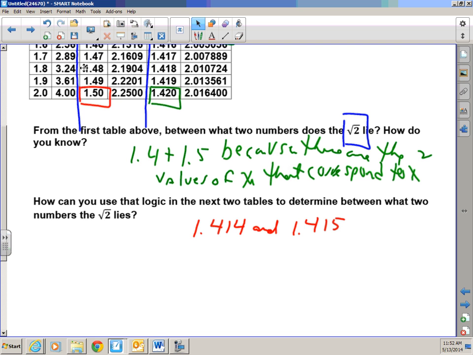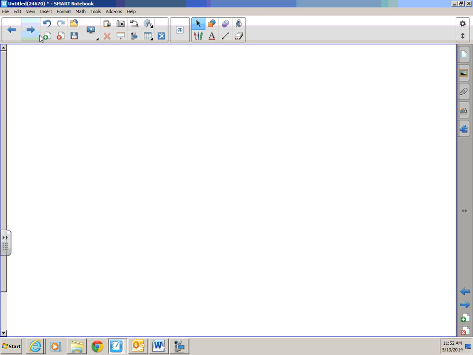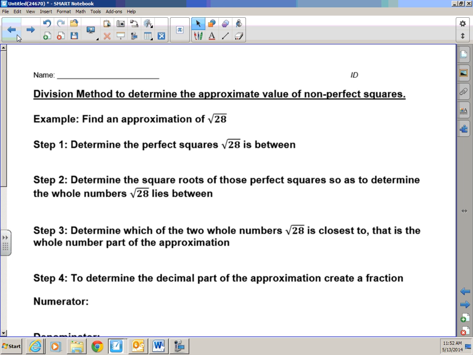Now, we have a second method, which, for lack of a better description, we'll call the division method, to find a rational approximation. So, how do we do that? What we want to do is find the approximate value of the square root of 28.